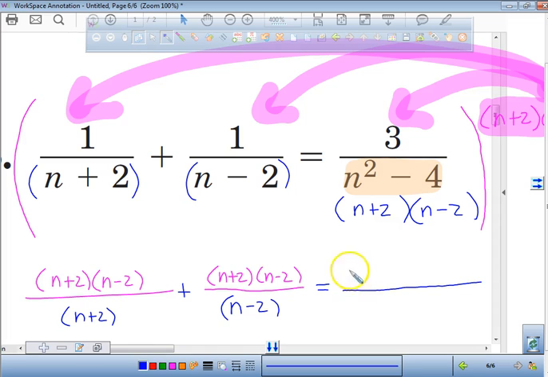Now, 3 times n plus 2 and n minus 2 is 3 times n plus 2 and n minus 2, and that's all over n plus 2 and n minus 2.